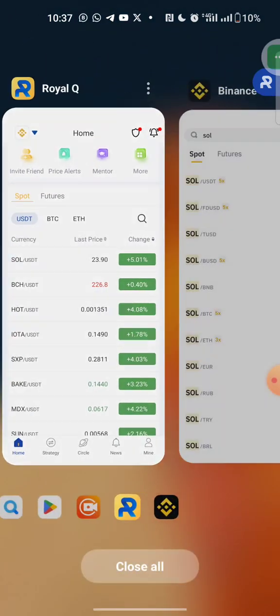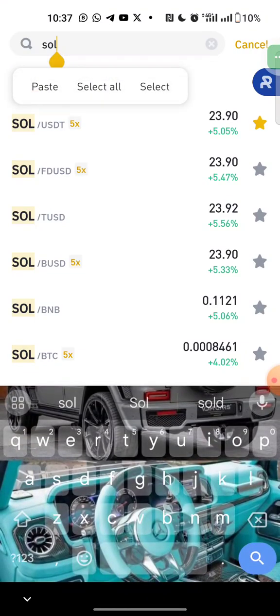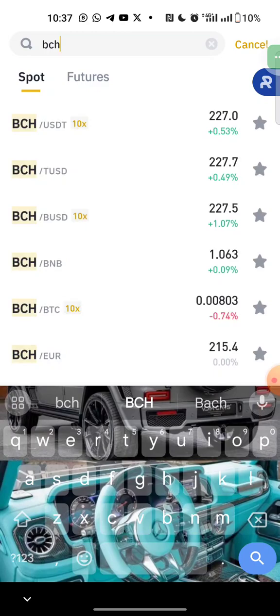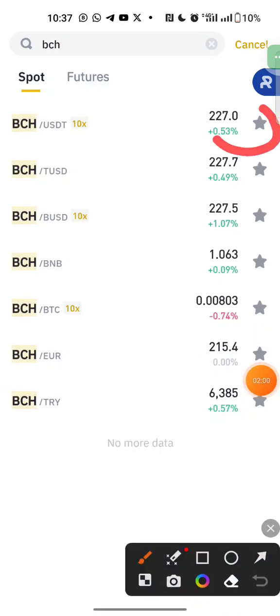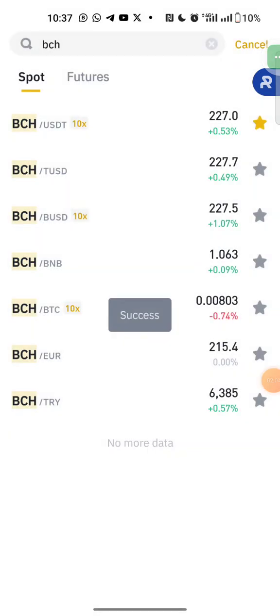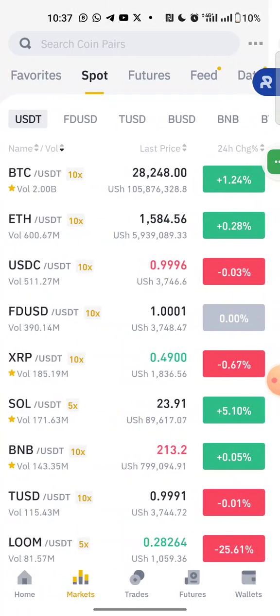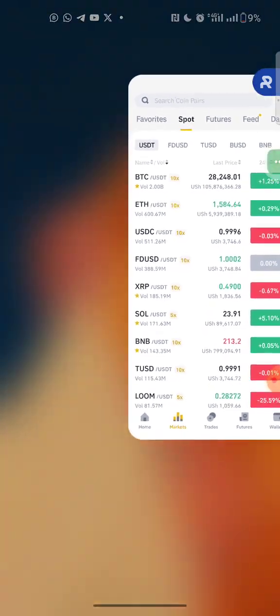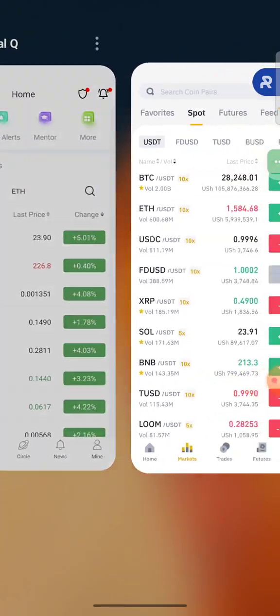Our next coin is BCH. We put BCH, the coins will come and we select BCH by tapping on the star. Then from BCH we look at another coin. It is HOT.